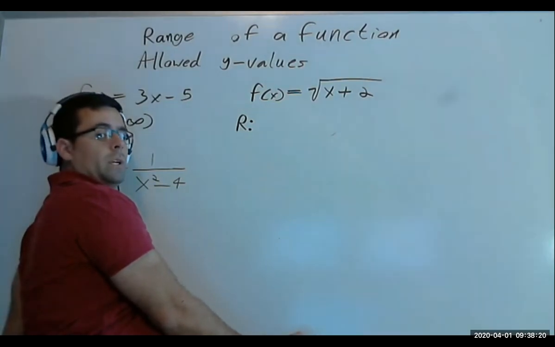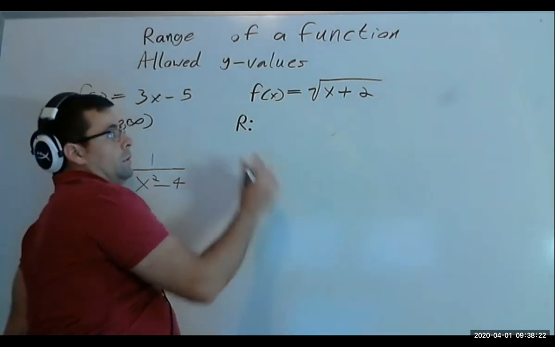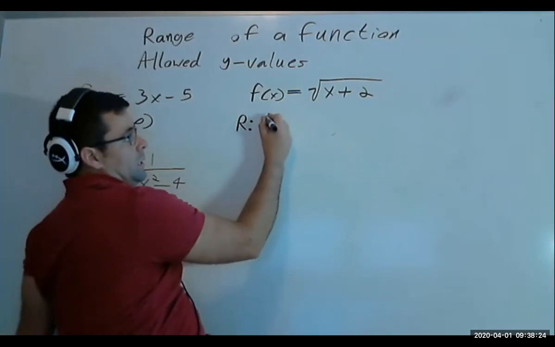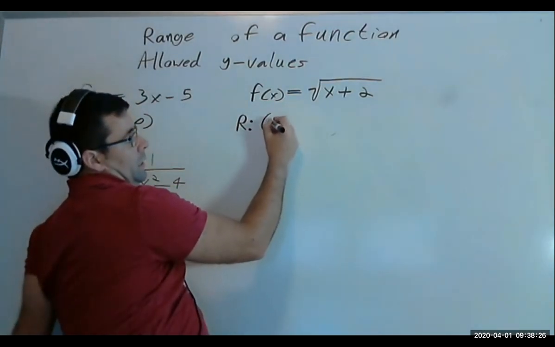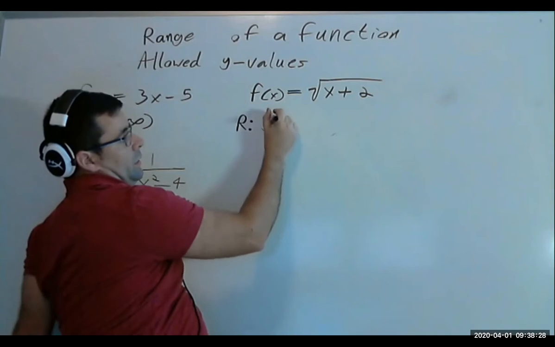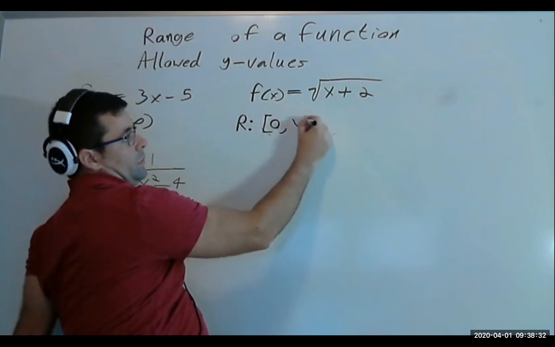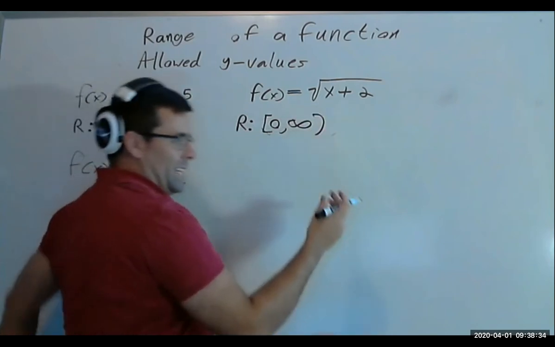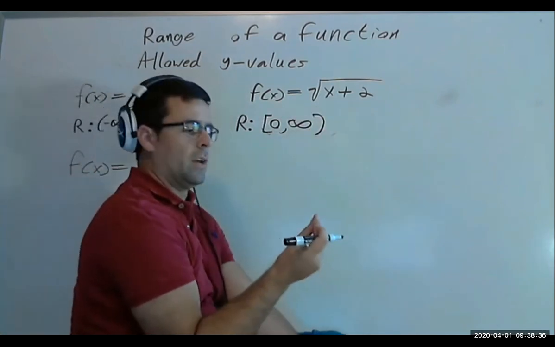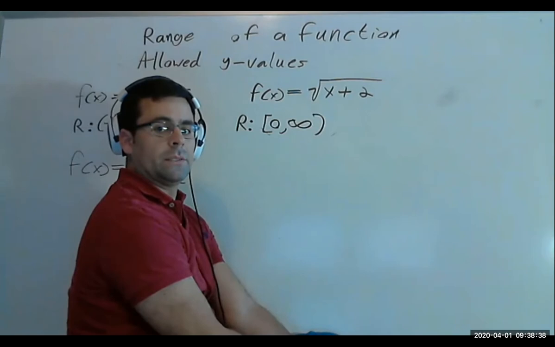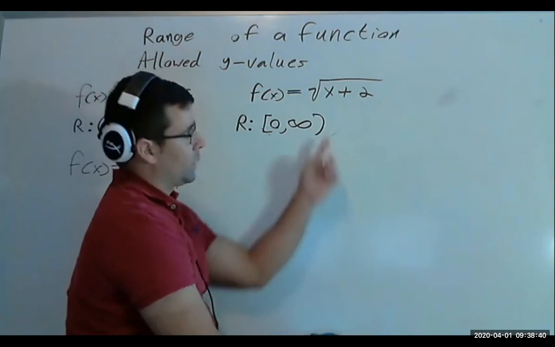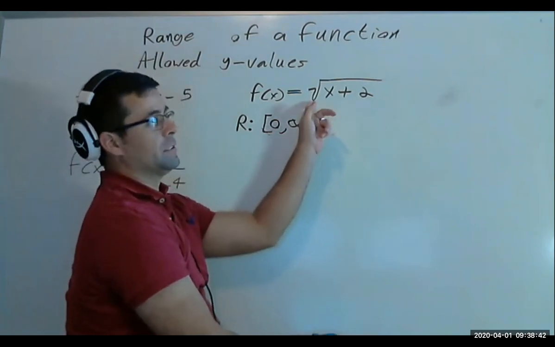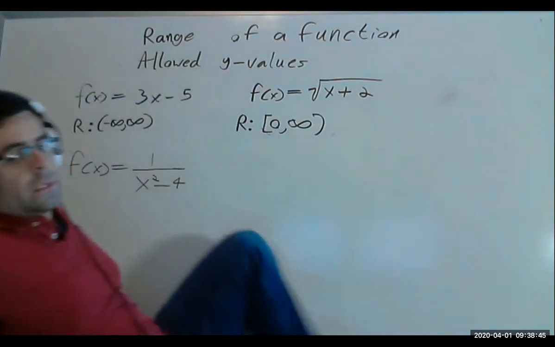So for a square root, the range is 0 to infinity. You can never get a negative number out of this square root. Everything is either 0 or positive.